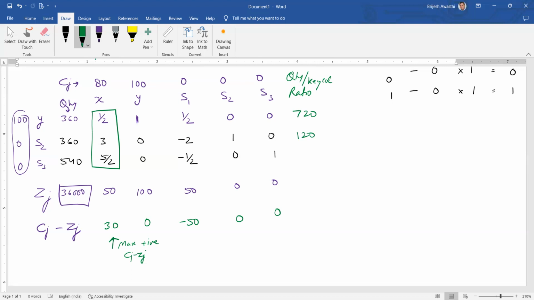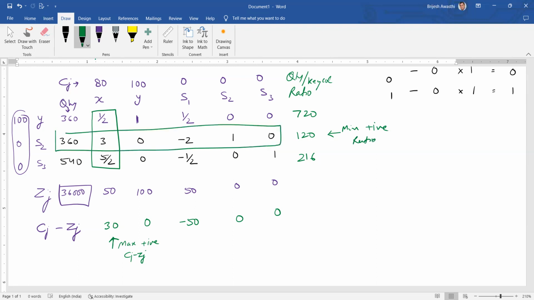And 540 divided by 5 by 2 is 216. Right. Now the minimum positive value of the ratio is 120. So it is our key row. The second row is the key row. Right.